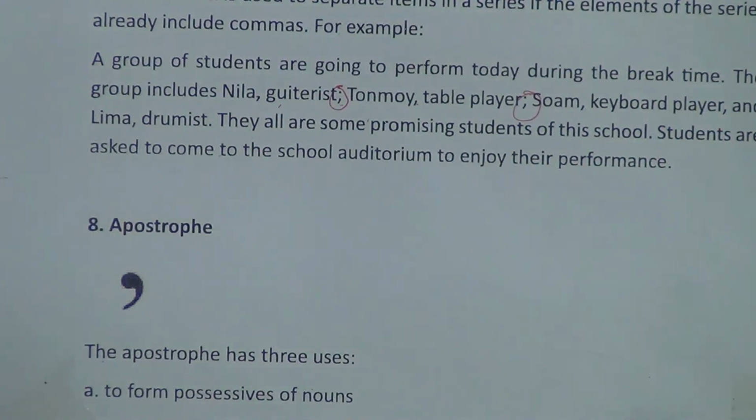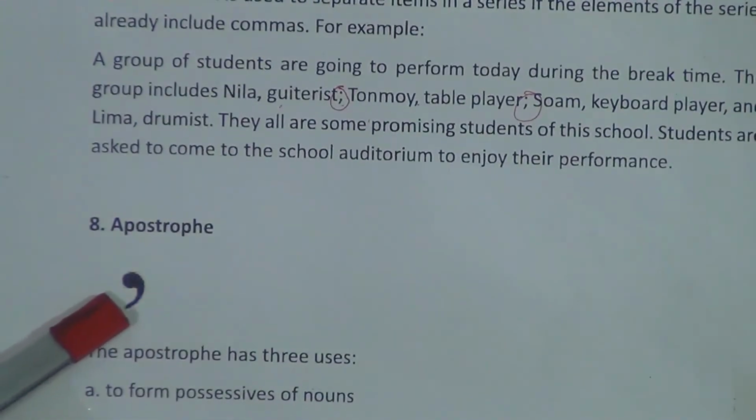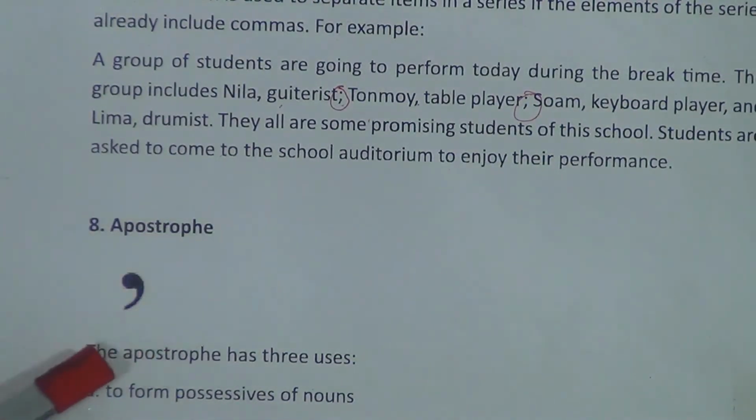Now we will go to apostrophe. This sign is called apostrophe, which looks like a comma, but we use it for different purposes. And now look, the apostrophe has 3 uses. What are the uses?